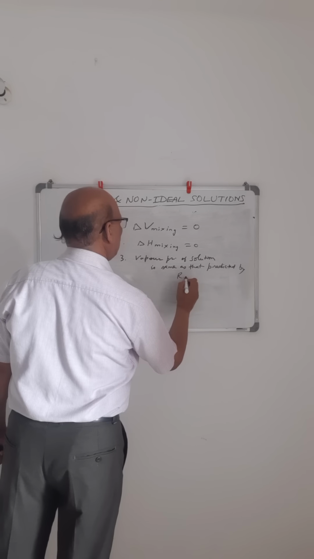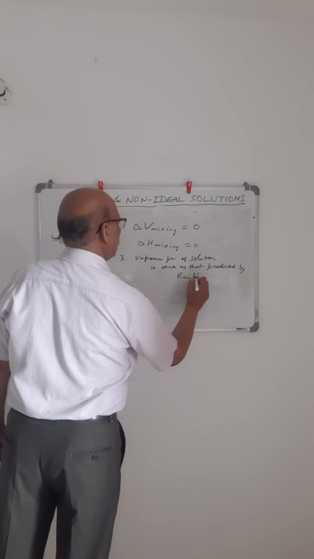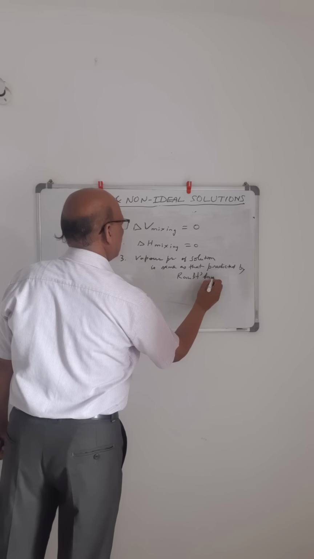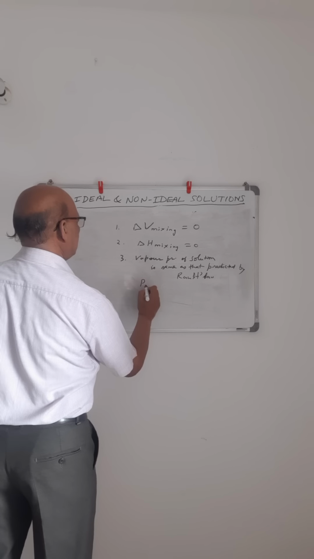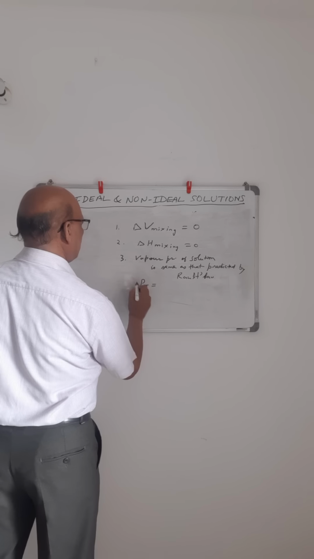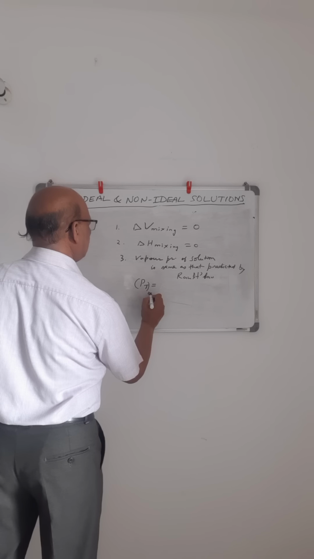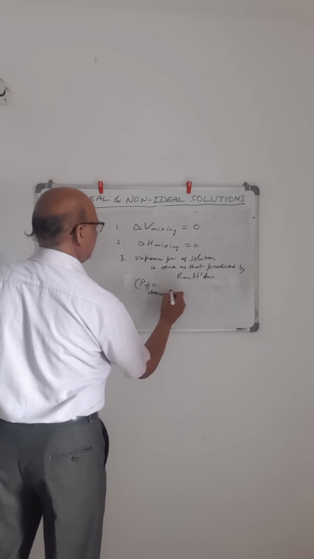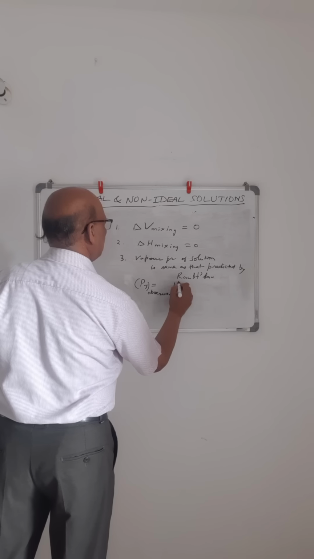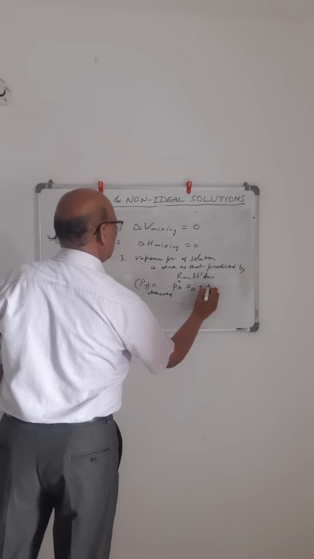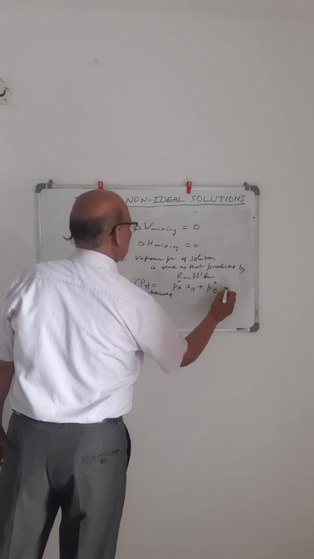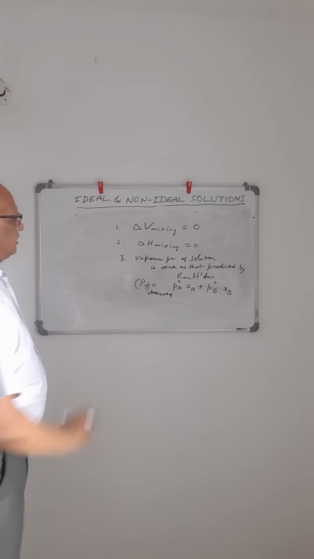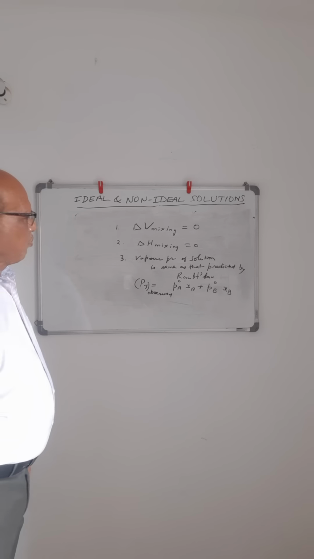That means it obeys Raoult's law. So its observed vapor pressure, what we actually see after measurement, is found to be equal to, say, PA naught XA plus PB naught XB. So these three conditions it has to satisfy.